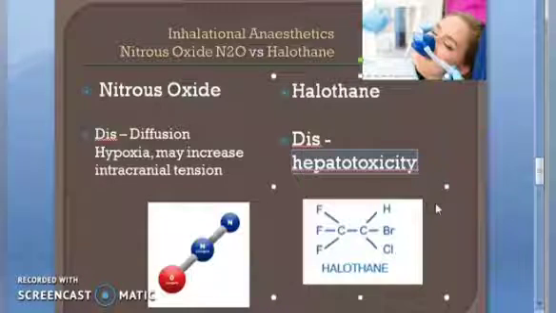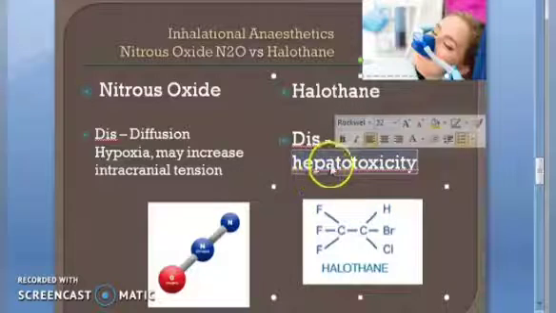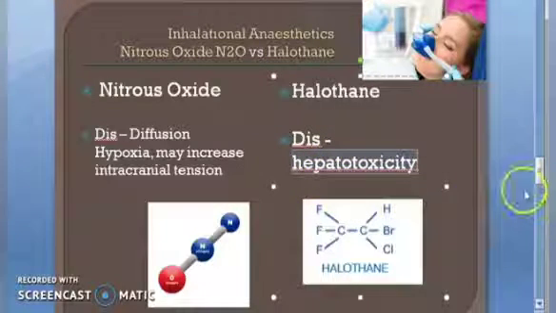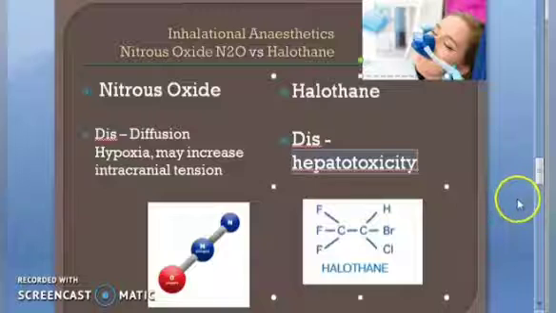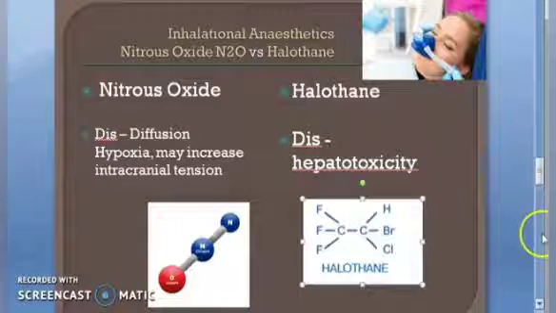Halothane sensitizes the myocardium to adrenaline and can cause arrhythmias. So it is a depressant, it causes hypotension, it depresses the respiratory system also, hepatotoxicity, hyperthermia. All these H's are for halothane, all these side effects are for halothane.